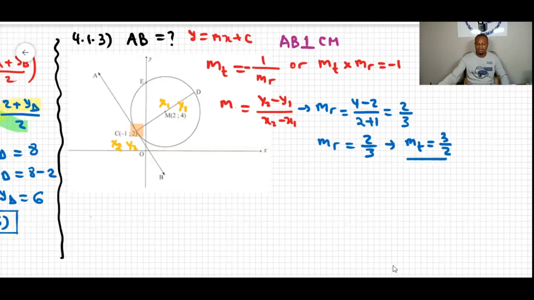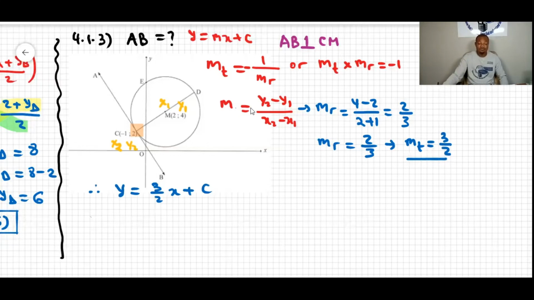This is the gradient of the tangent. Now we can substitute this gradient into the equation of the straight line, and therefore y will equal 3/2 x plus c.